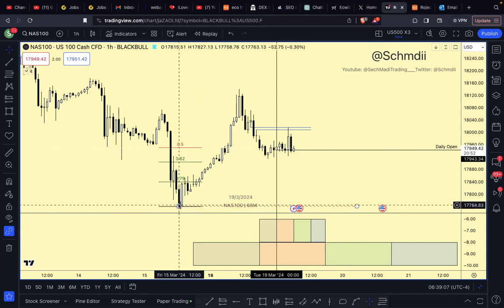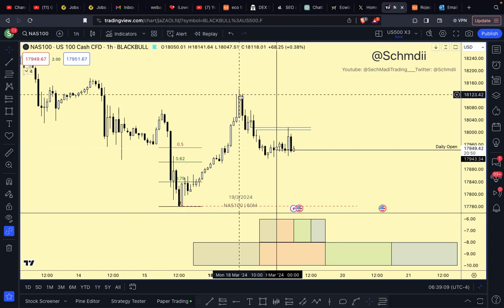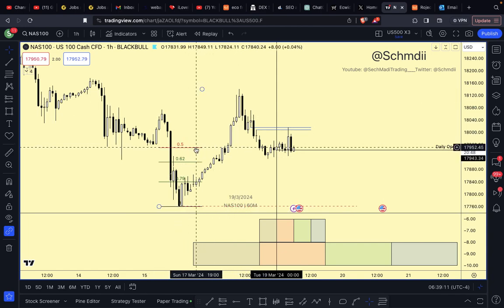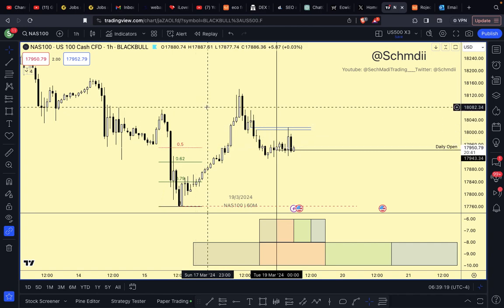So if we're measuring the range from that low to that high over there, this is the midway point or equilibrium, which looks to be where we are right now. We're currently at equilibrium.